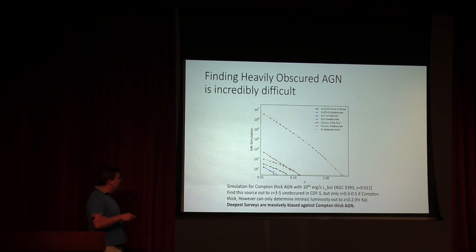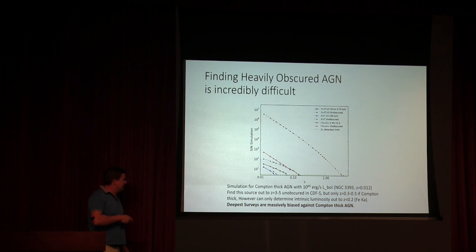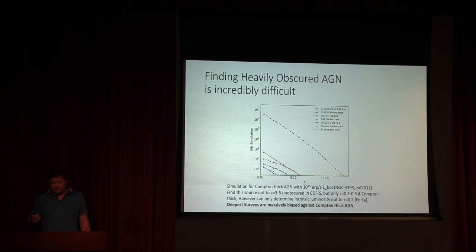With NuSTAR, you can detect the source out to Z of 0.1 to 0.2. And if you take the Chandra 4 megasecond deep field, some of the deepest observations we have with Chandra, you can detect the iron K alpha line, so you can get its intrinsic luminosity out to about 0.15. But if this source were unobscured, you could detect it all the way out to redshift 3 to 5.